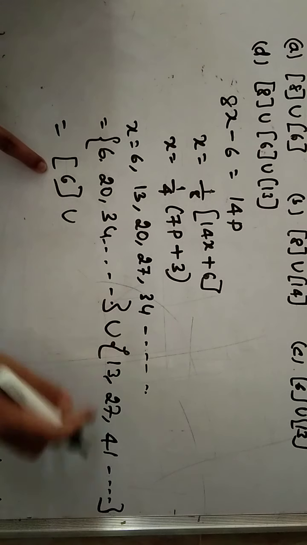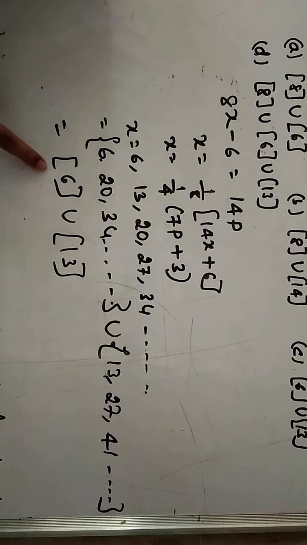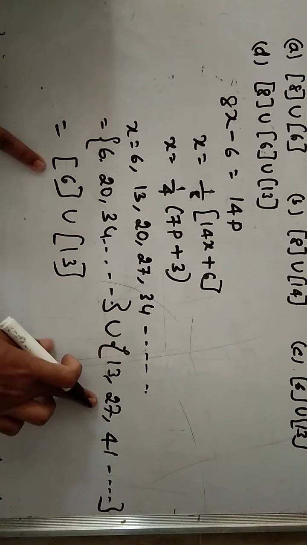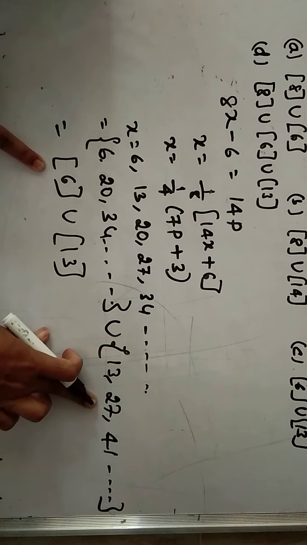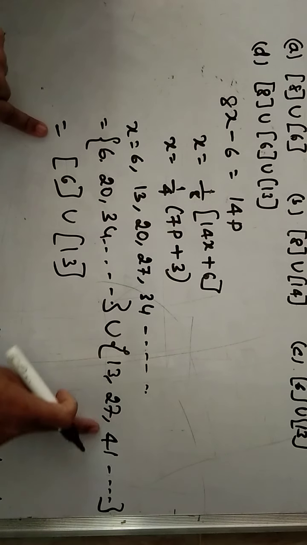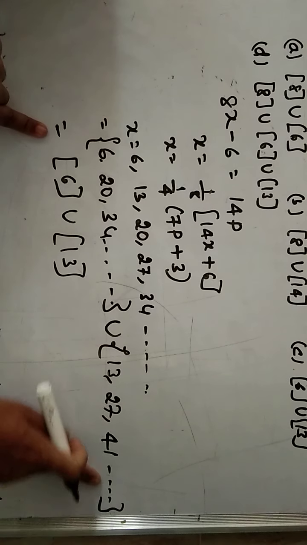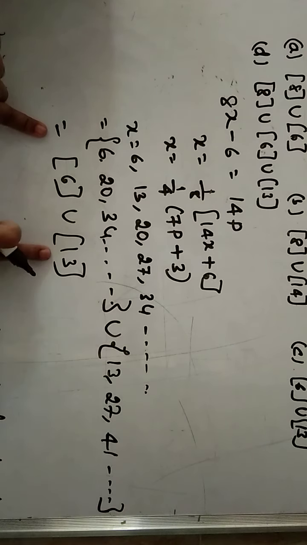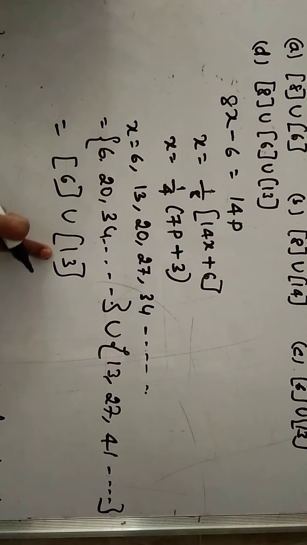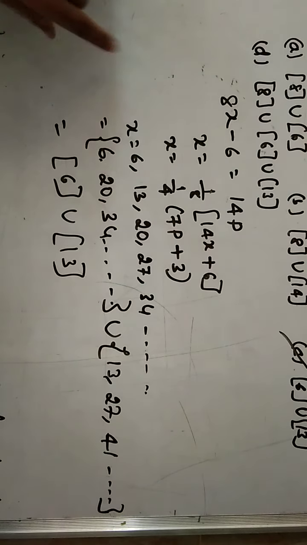Same way for 13 here. 13 plus 14, you will get 27. 27 plus 14, you will get 41. Like that, each element is related to this 13. That's why we can write it as equivalent class of 13. Now that is equivalent class of 6 union equivalent class of 13. Which option is right? Option C is the right one.